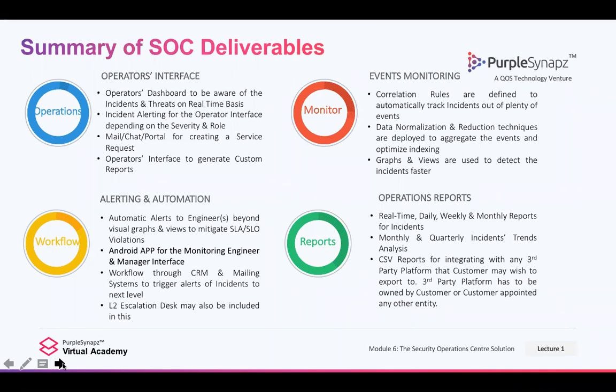So all these become the SOC deliverables of that team. And these deliverables cannot be delivered unless we have a strong integration between three pillars, and that is people, processes, and tools.